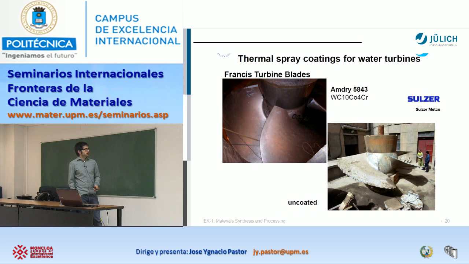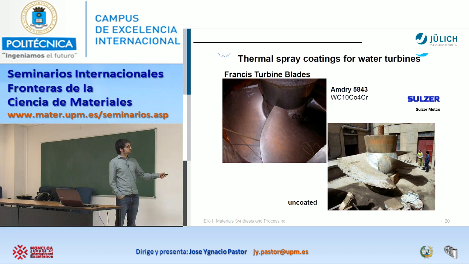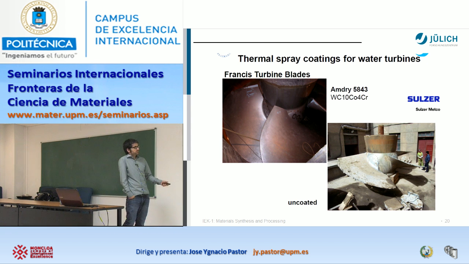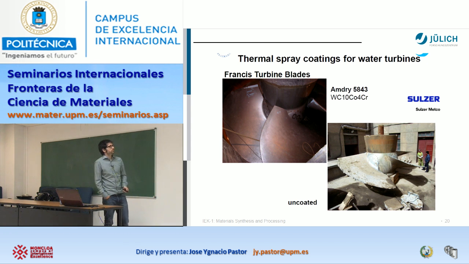Okay, and this is how they look like. This one with the coating after trimming with these metal compounds. Okay, they look quite well. If they don't have any coating, this is the uncoated material, and obviously this is after the use, you see that there is a lot of friction and a lot of erosion.